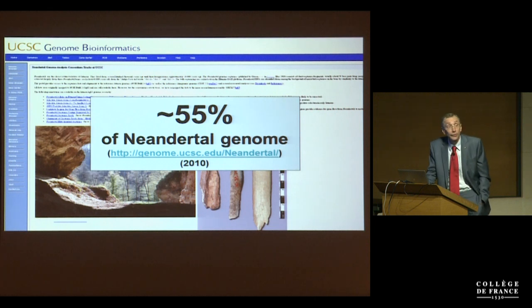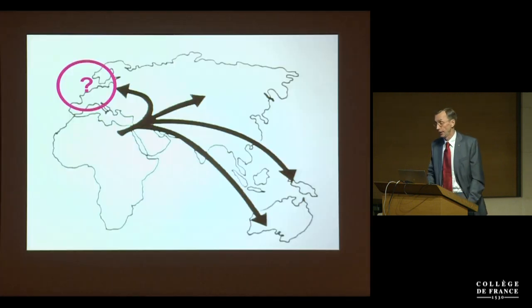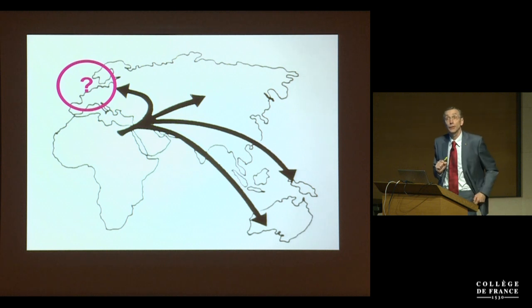So one of the first questions we were then interested in was what happened when modern humans came out of Africa and met Neanderthals? Did one mix or not with each other? There are several ways to ask that.